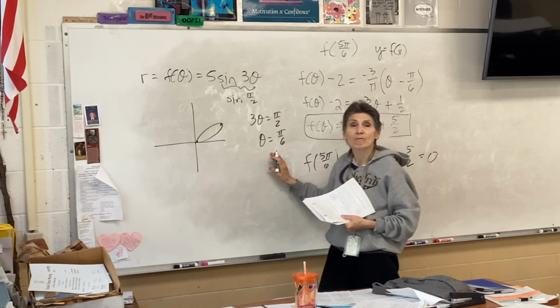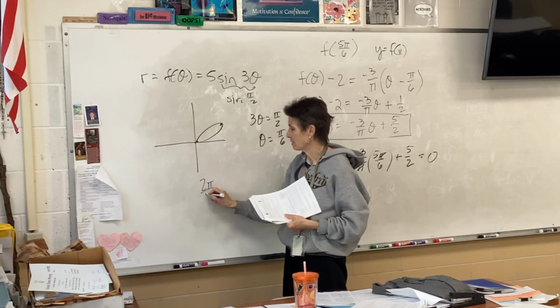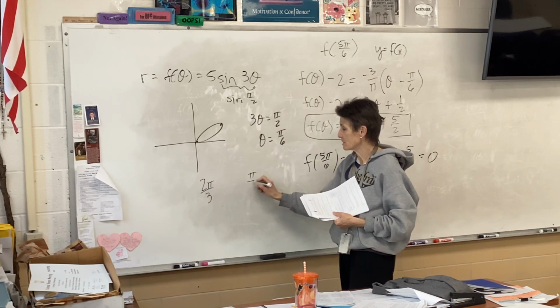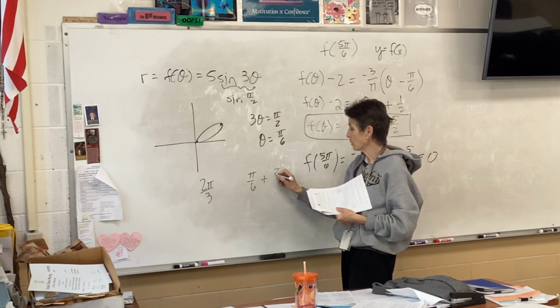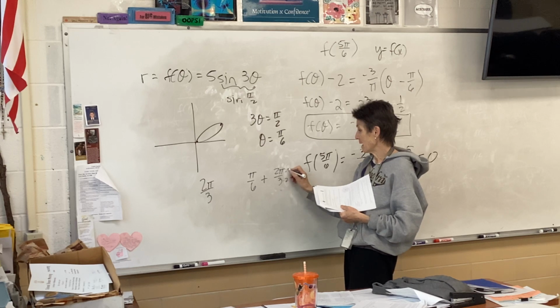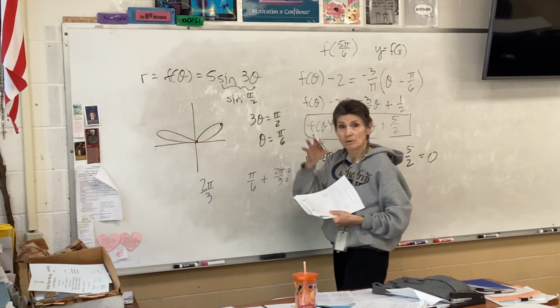Well, how far apart do they have to be? Don't they have to be 2 pi divided by 3 apart? So if the first one is at pi over 6, then the next one will be 2 pi over 3 later. So what would that be? 5 pi over 6? Pardon my drawing.